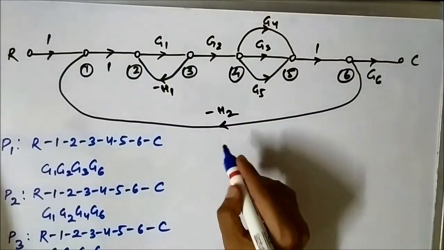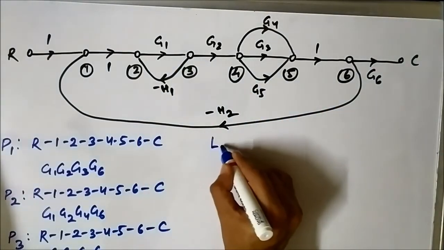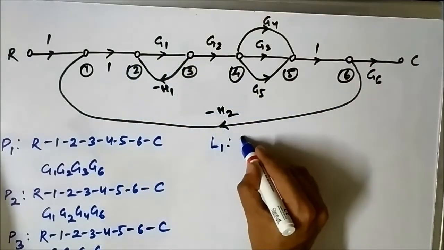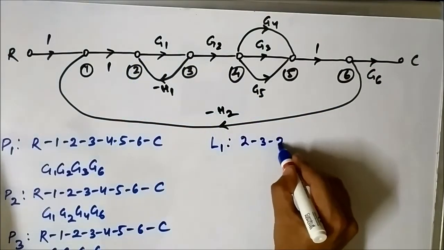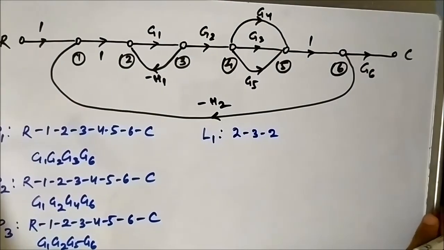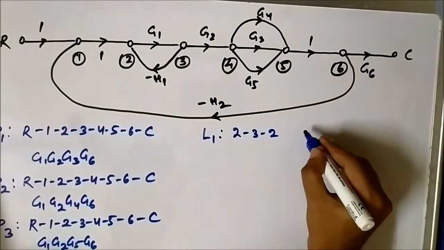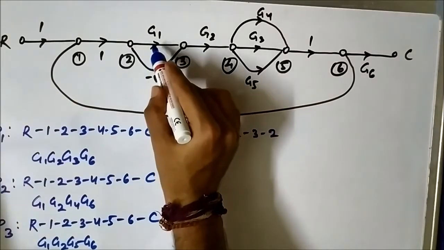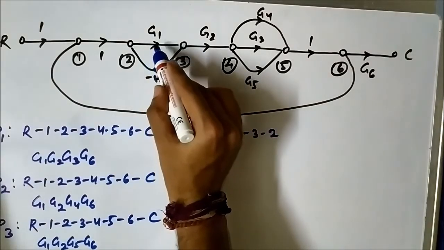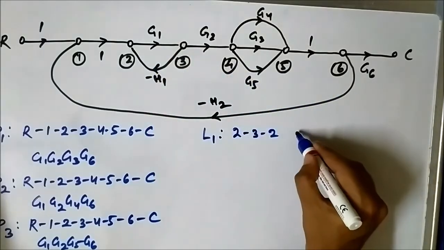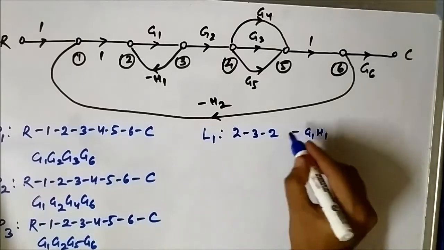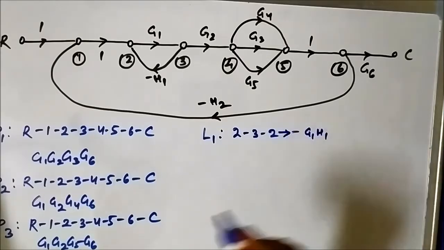So the first loop L1 is from 2 to 3 to 2, and the gain of the loop is simply the product of the gains of the individual branches involved in the loop. So it is G1 into minus H1, which is minus G1 H1, the gain of this loop.